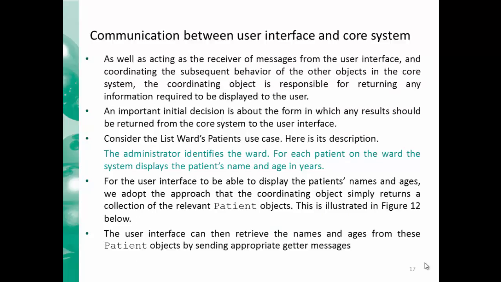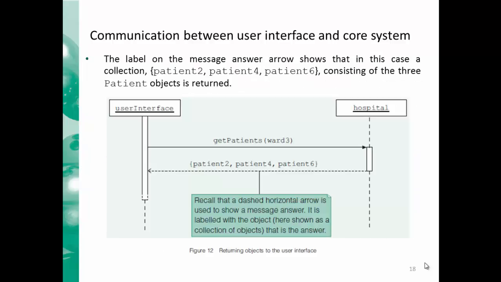Now we learned how to call and interact with the core system components through the interface using the coordinating object. On the other hand, we may need this coordinating object to get information from the core system classes.